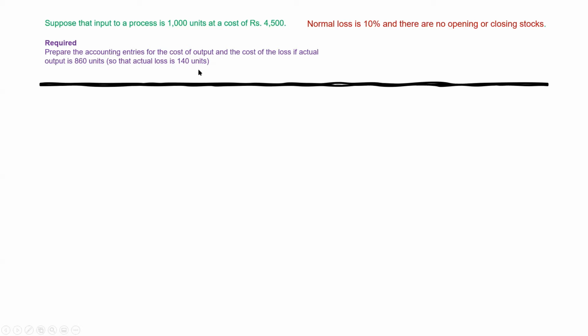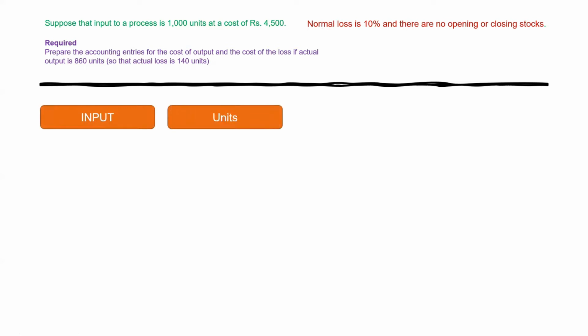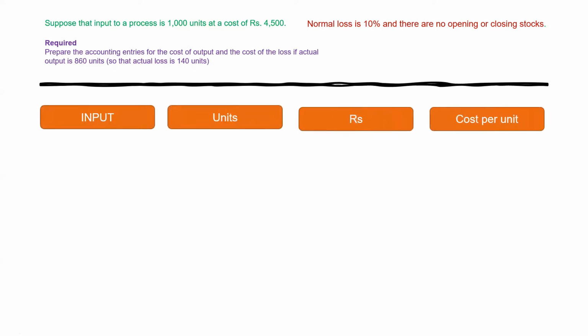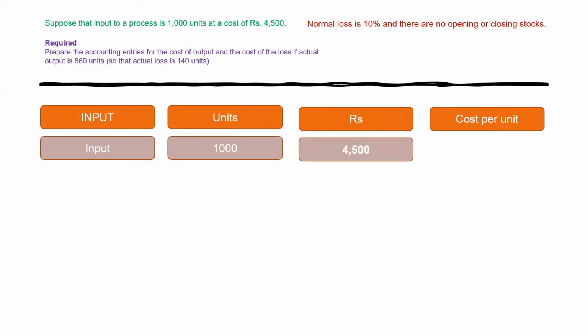First of all, let's analyze the information. Then we'll try to prepare the process account. First, we'll take the input to the process. Input to the process is 1000 units and the cost is 4500.